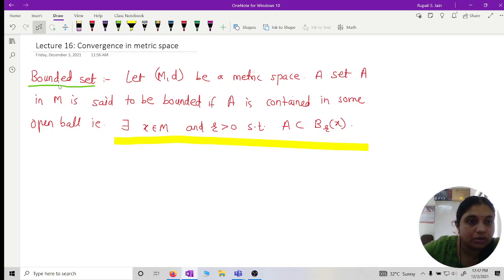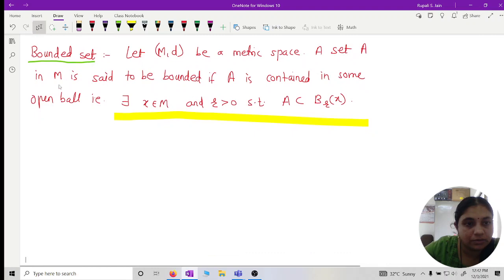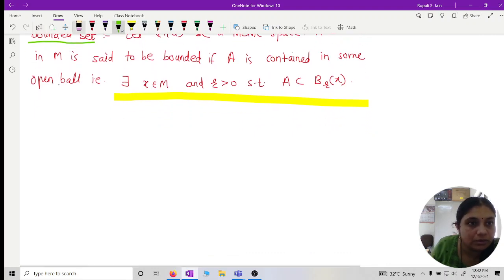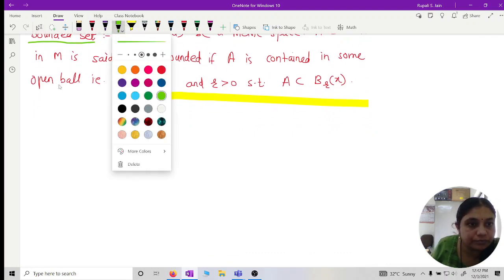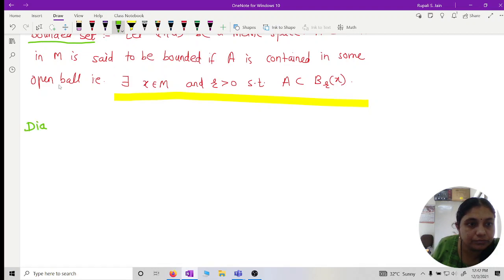Now take the next definition: diameter of a set.